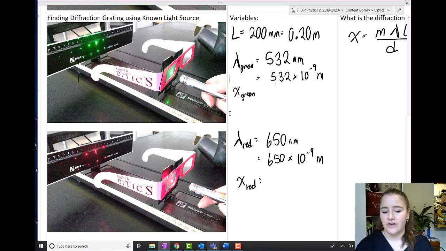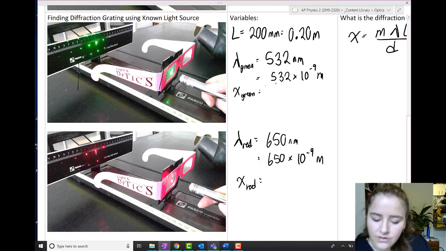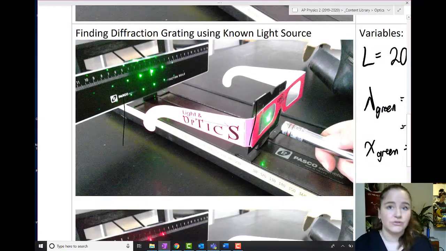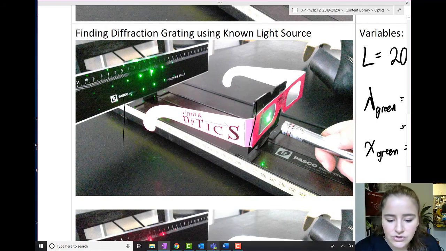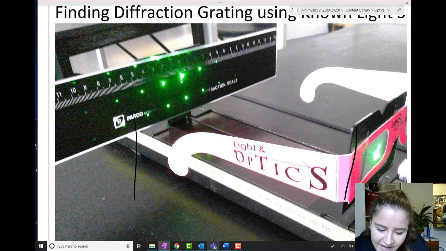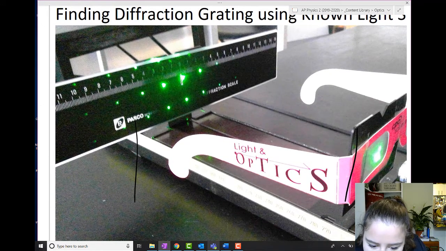In the video I said it was at about 2.1. If we zoom in and look here, it looks to me like it's a little bit past 2. The center maxima looks a little bit off from 0.